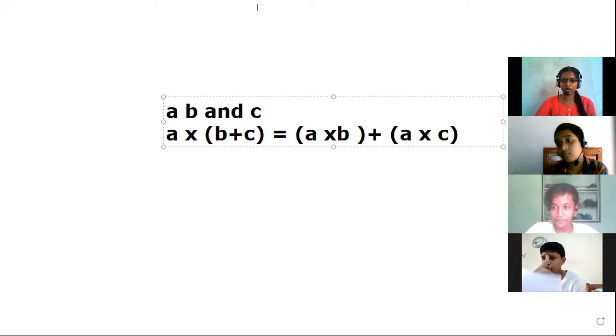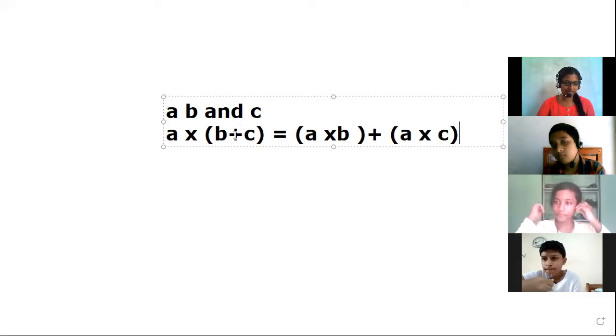No. Okay. In the same way, we can replace this plus sign by a negative sign.